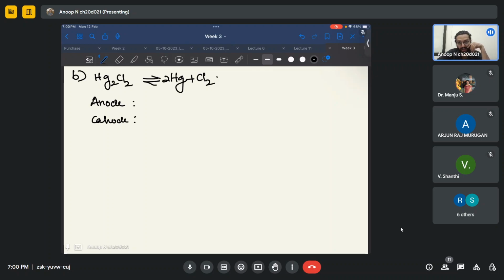Are you all able to write the anode and cathodic reactions? What is the reaction at anode? If you see, this is 2+, this is minus, this is 0, this is 0. So this is getting reduced and this is getting oxidized.